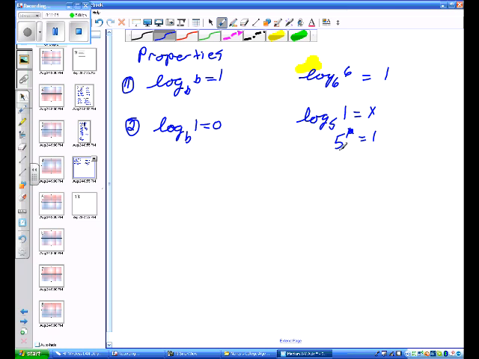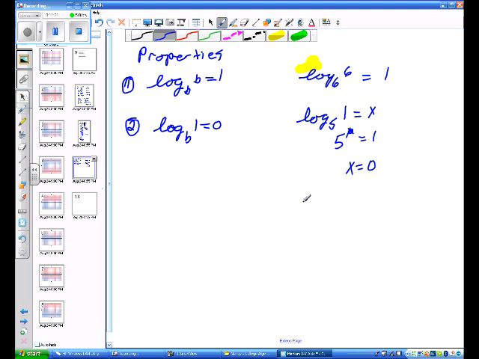And we have a property that says any number raised to the 0 power is 1. So our x had to be 0, had to be 5 to the 0 power. So no matter what your base is, if your result ends up being 1, then it had to be raised to the 0 power. And so that helps us a lot as we go through in evaluating our problems.